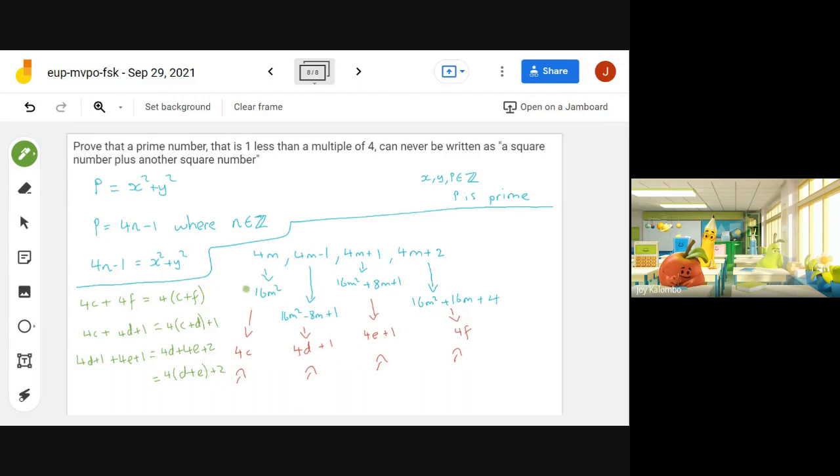So this is a multiple of 4 plus 2. But none of these gives you one less than a multiple of 4, or if you like, a multiple of 4 plus 3. A multiple of 4 plus 3 is also one less than a multiple of 4. None of them give you that. So that's where our contradiction lies.